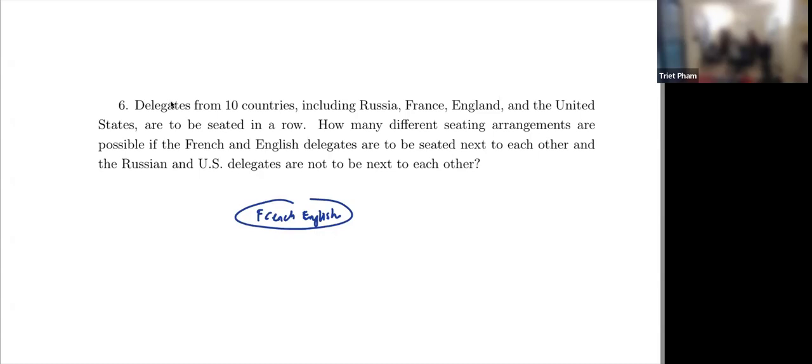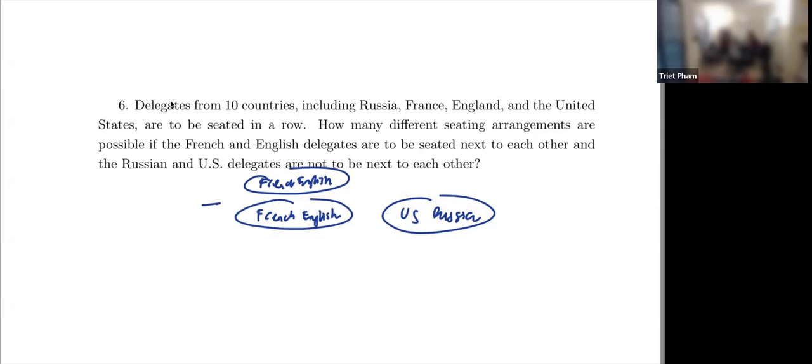We would count the number of ways that French and English delegates are together, and then subtract the ways where US and Russia are also together. Then we get the ways where this is true but that is not true. Does that make sense?